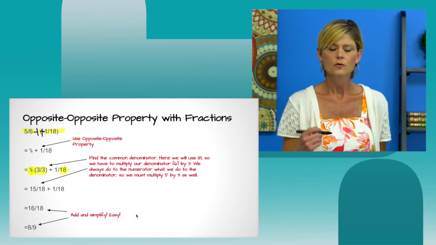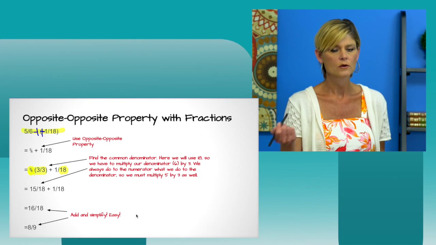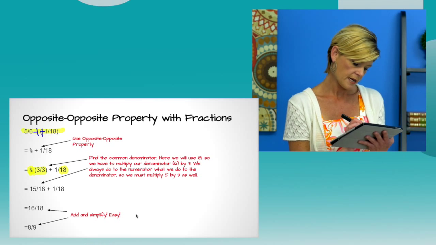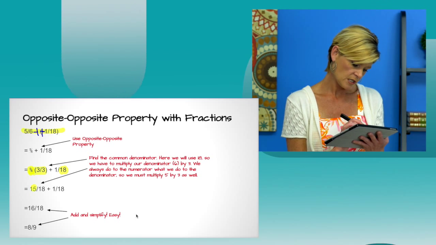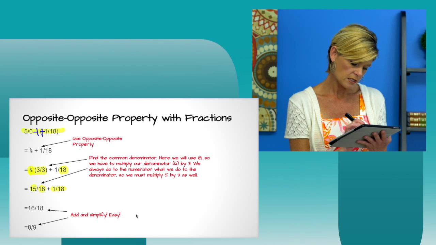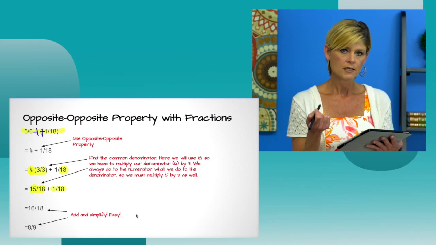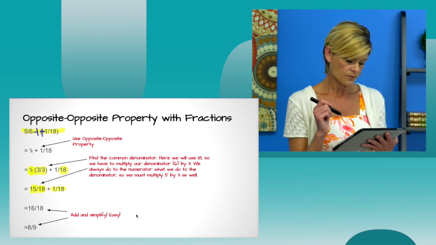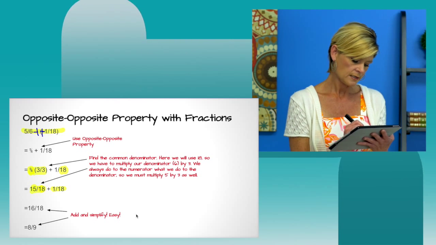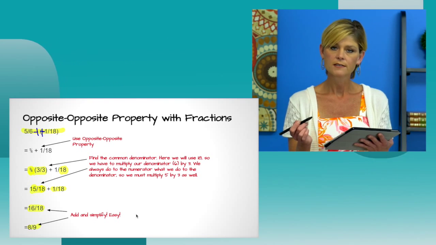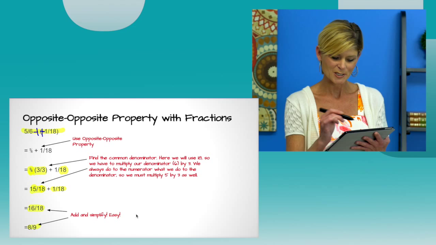And remember, always do to the numerator what we do to the denominator. So we multiply 5 times 3, 15, 6 times 3, 18, and then we still have our 1/18. Now we add these fractions, super easy because we have the common denominator of 18. 15 plus 1 is 16, denominator of 18, and then we simplify down to 8/9. Super easy.